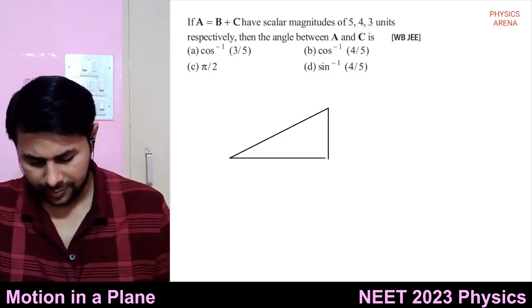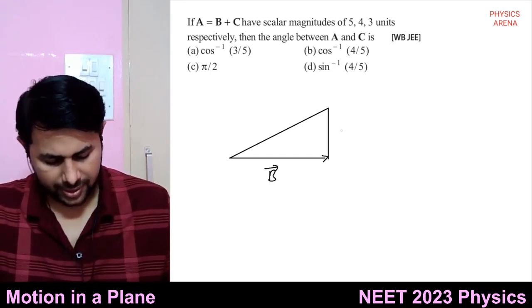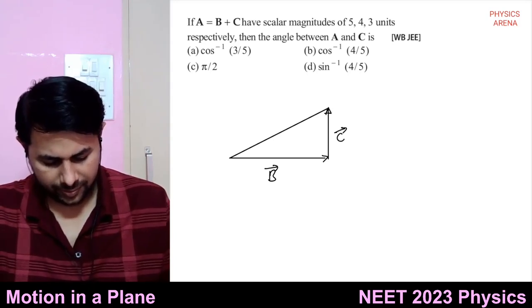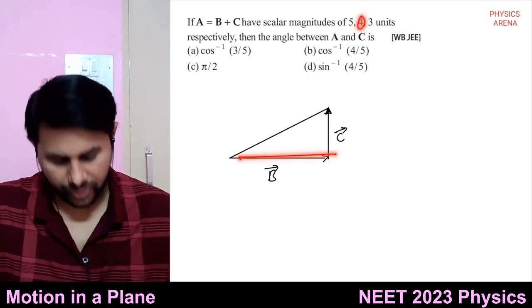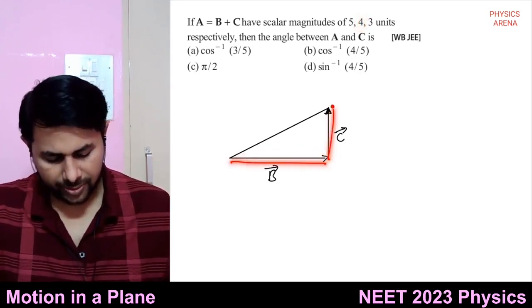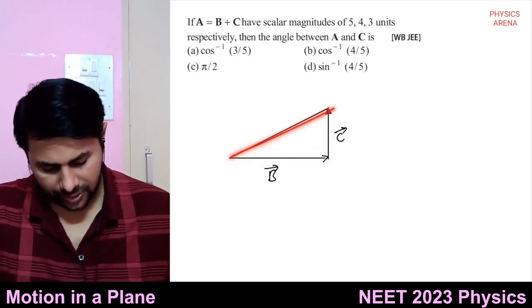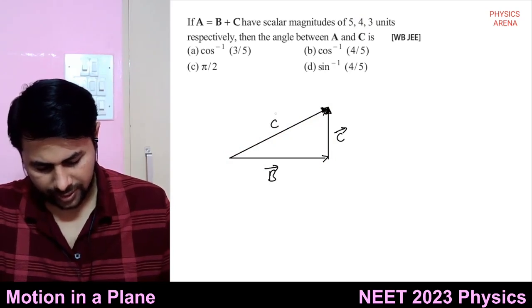Okay, so suppose this is your B bar, this is your C bar. Magnitude of B bar is 4 units, magnitude of C bar is 3 units. So 3 square plus 4 square is 5 square. So the resultant will have magnitude equal to 5. This is A bar.